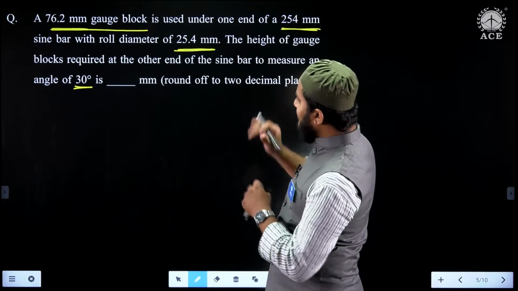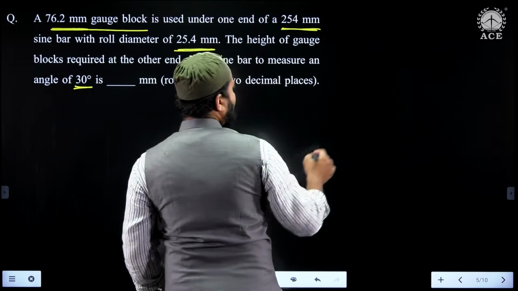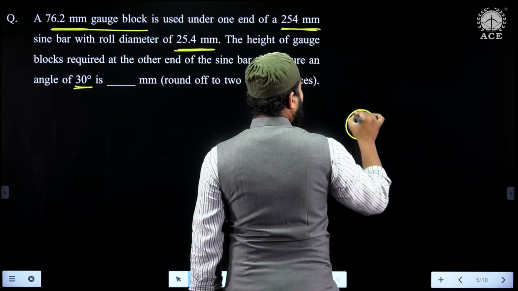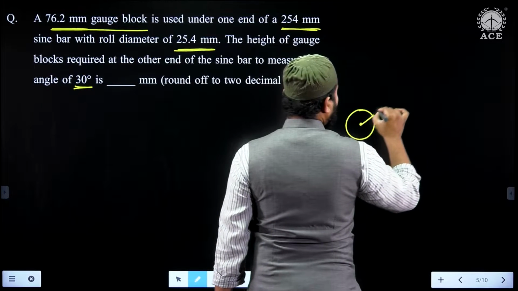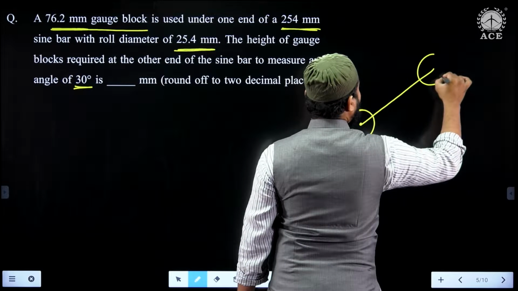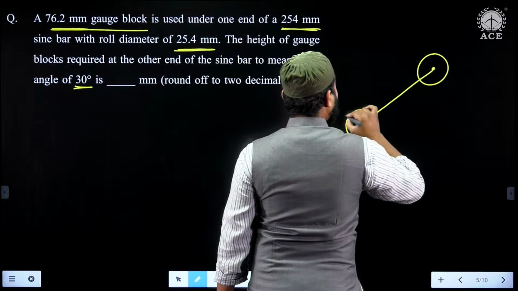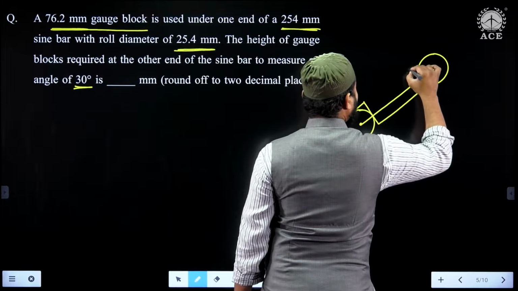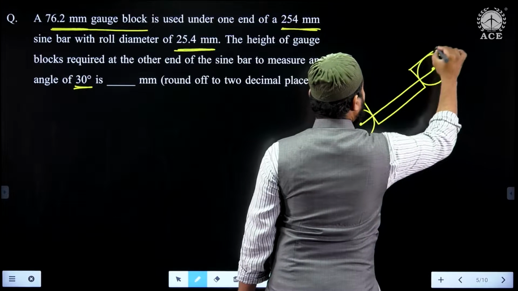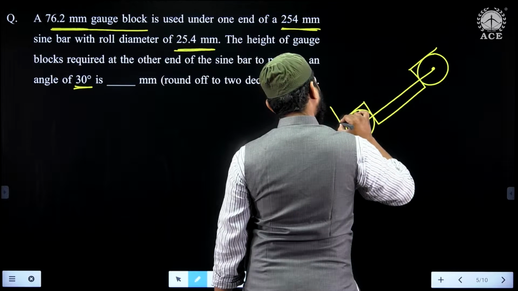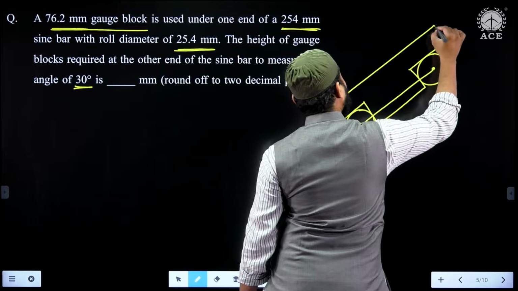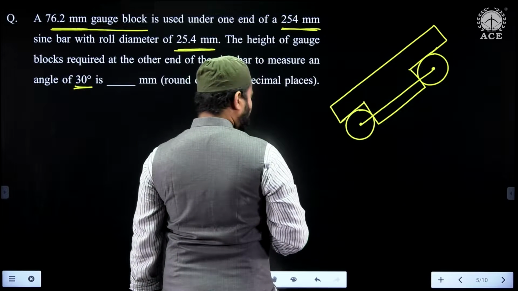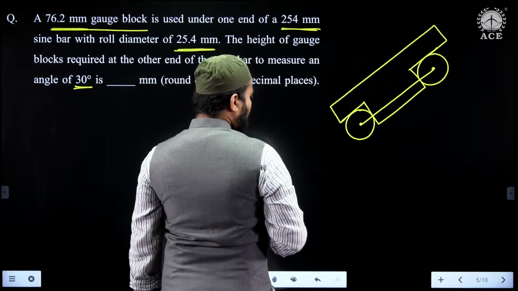So basically, if you frame the figure of this particular sine bar, what they said is a sine bar is placed in such a way that, now suppose consider this is the sine bar.